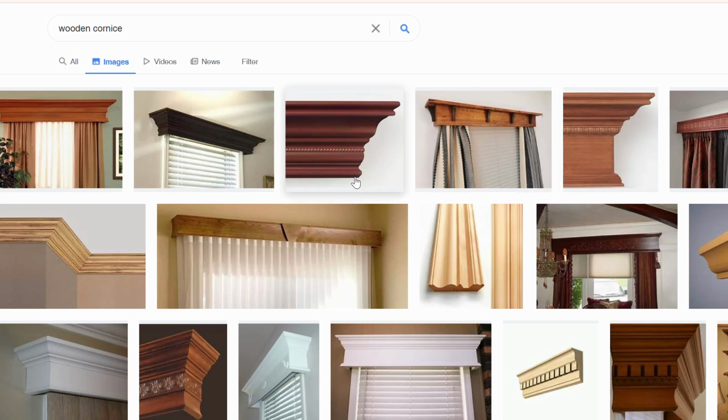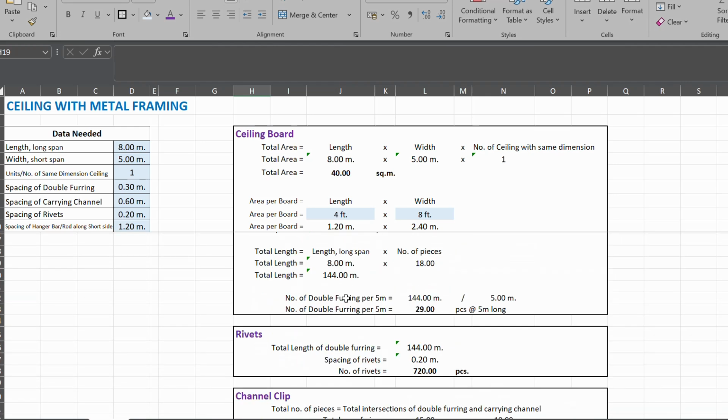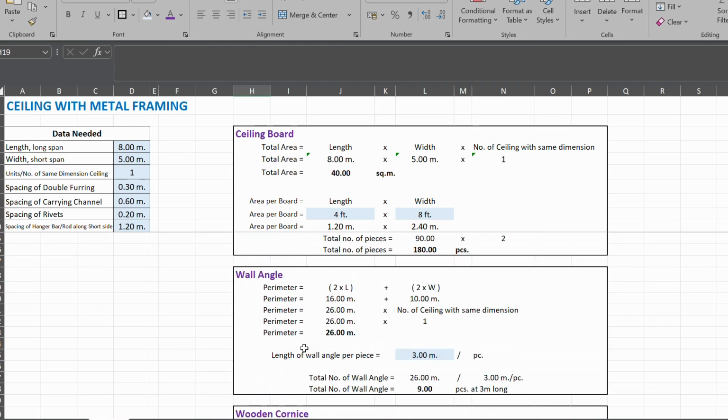Parang ganyan. So, ito yung wooden cornice natin. Parang ganito sa ceiling, yung design. And along the sides, lahat ng sides na lalagyan doon sa ceiling.